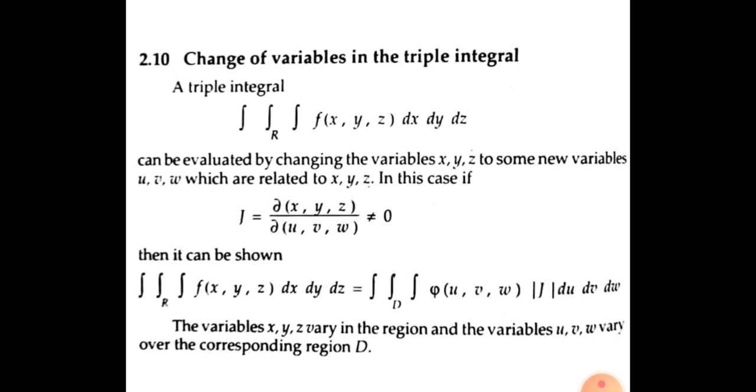The variables x, y, z vary in the region R and the variables u, v, w vary over the corresponding region D.